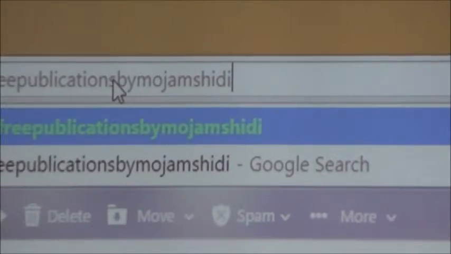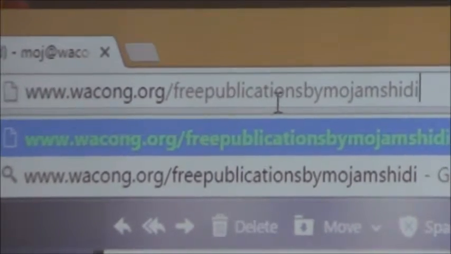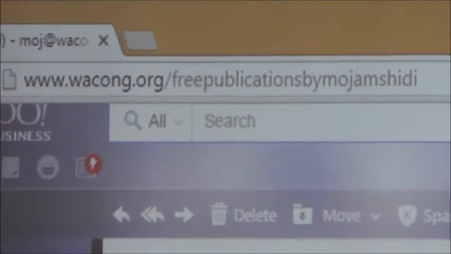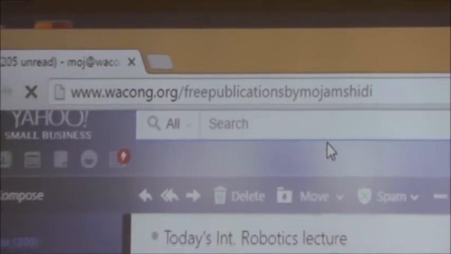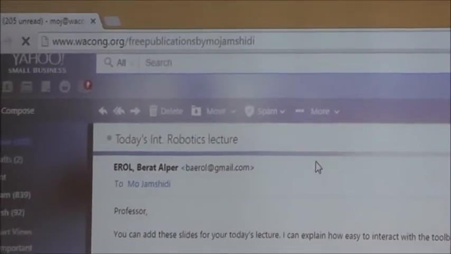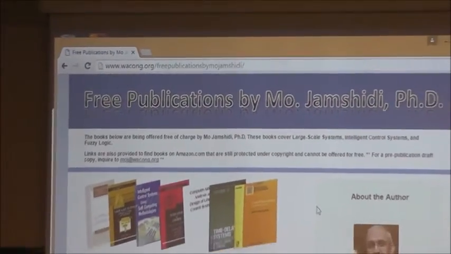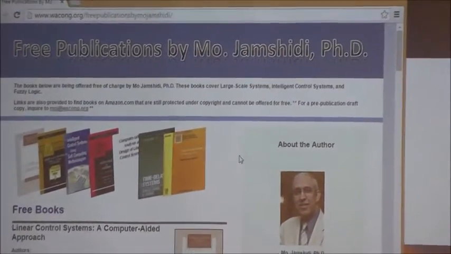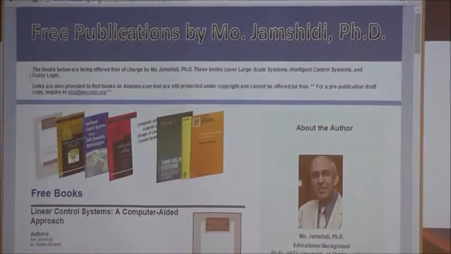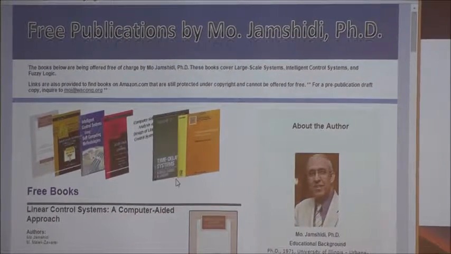You can go to this website, account.org/free publications by Mojamshidi. You can go and download your heart's desire. Download free of charge. These are 11 of my textbooks.